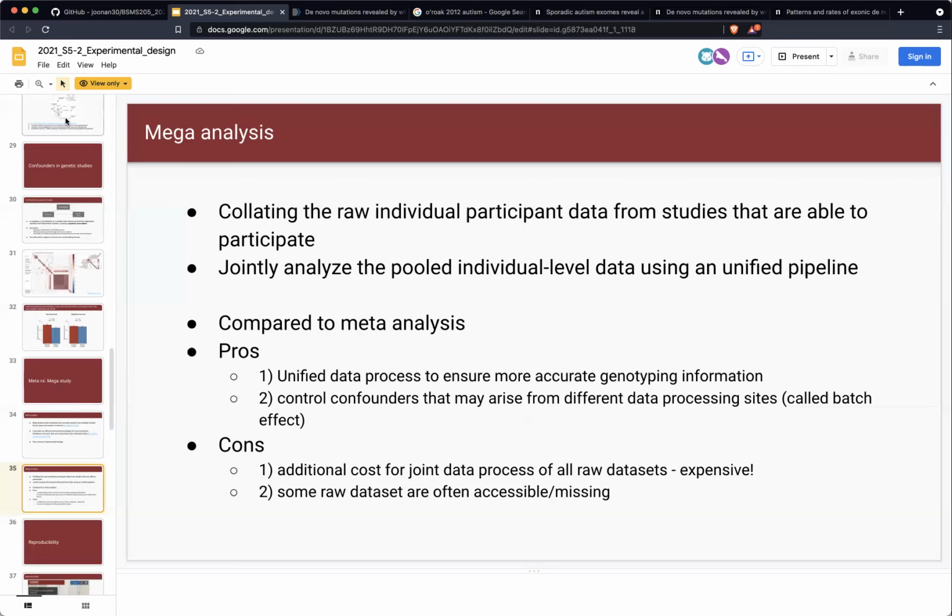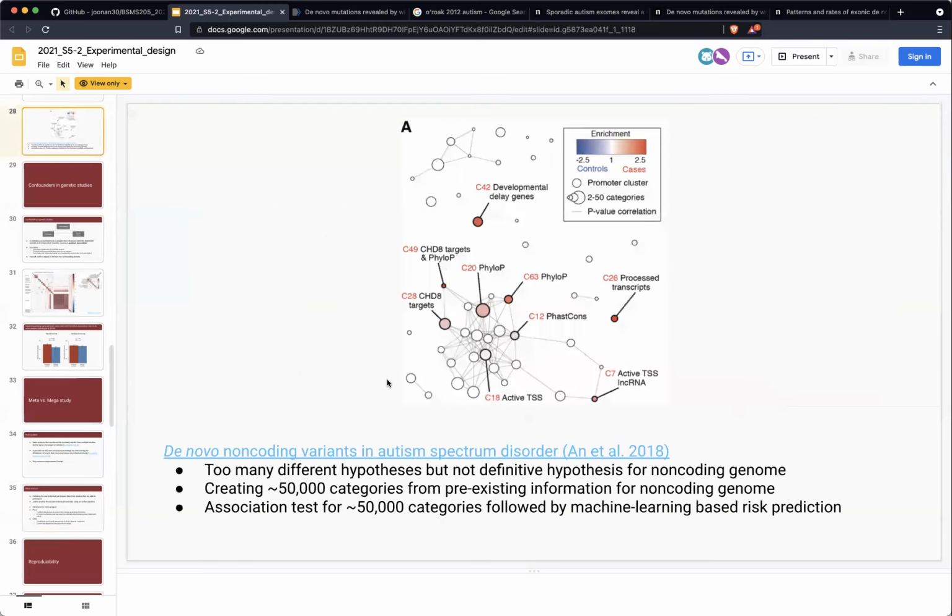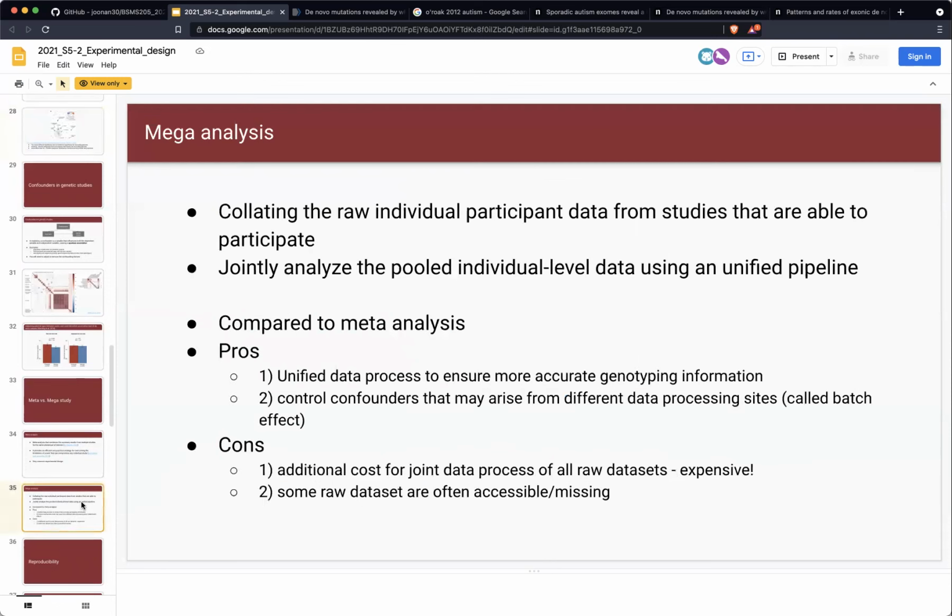And also in assignment 2, you're looking at the Science paper annotated, right? And you can also see whether this paper uses meta-analysis or mega-analysis as well, right? And you probably remember the gnomAD database we launched in session 5 and 1. You can see whether that database is created by meta-analysis or mega-analysis, right?